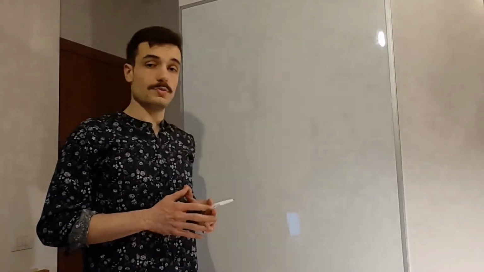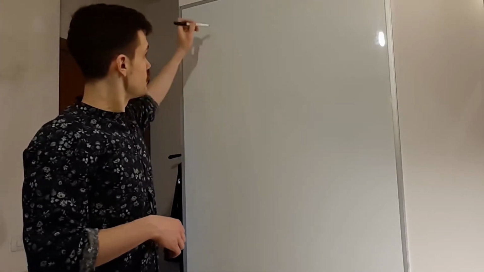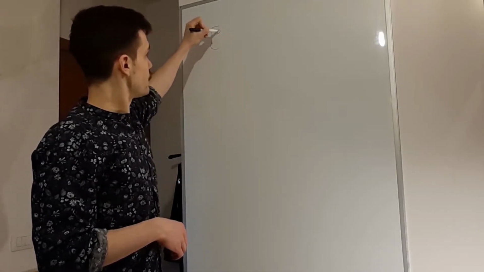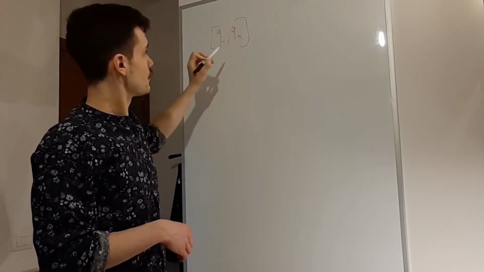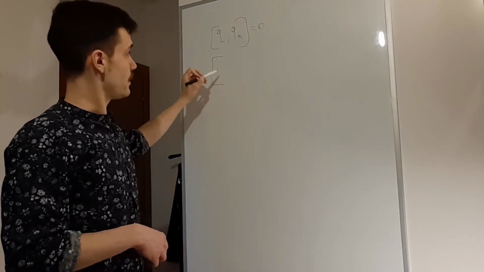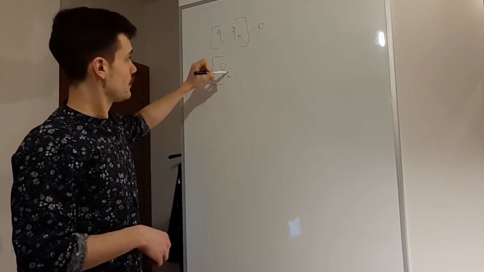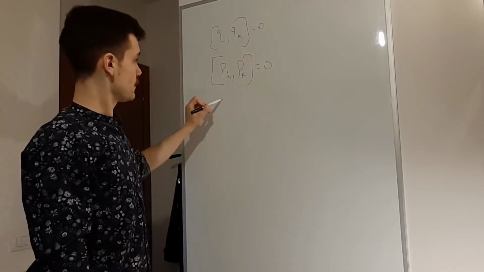Some other interesting operations you can do with the Poisson bracket is with the coordinates and with the momenta. So if I have two positions, the Poisson bracket will always be 0. If I have two momenta, it will also be 0.